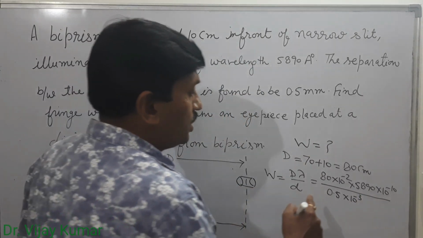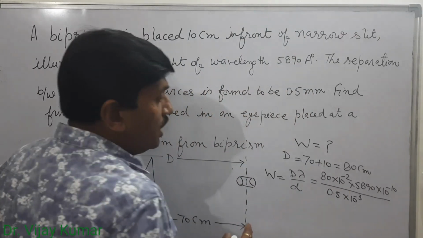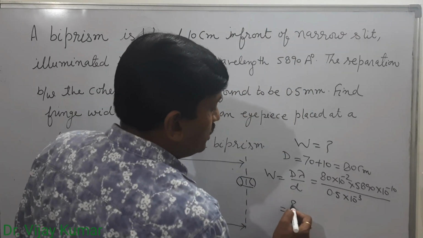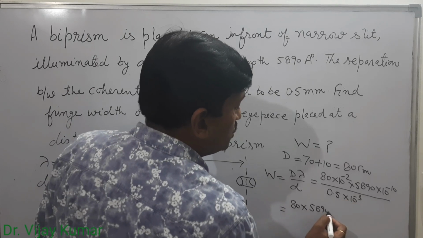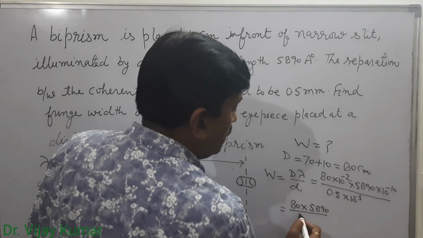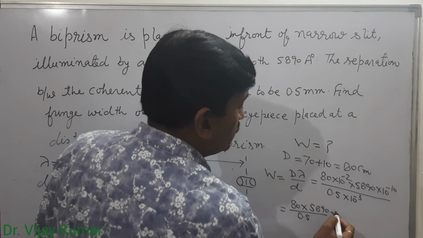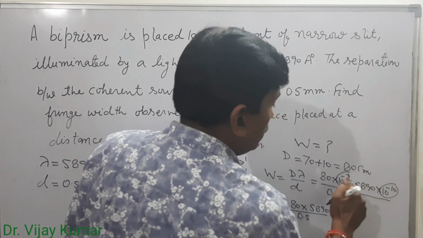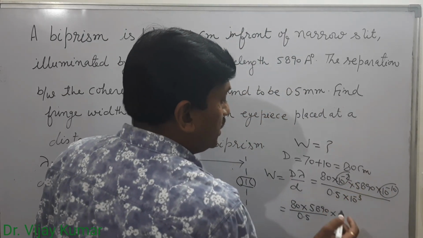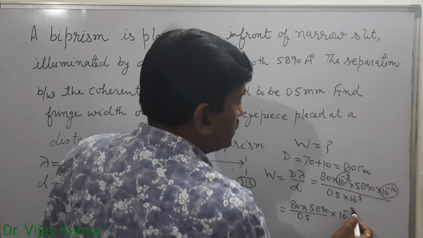We can also convert it into meter, and it becomes 80 into 5890 upon 0.5, into 10 to the power minus 2, 10 to the power minus 10, upon 10 to the power minus 3, giving 10 to the power minus 9.